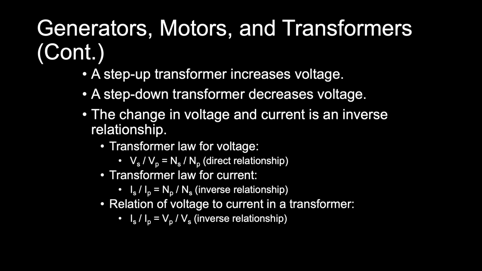So if a transformer has 10 turns in the primary, 50 turns in the secondary, and 110 volts is applied, what is the output voltage? So you would take the voltage of the secondary coil, Vs divided by 110, which is that first voltage, equals 50 divided by 10.